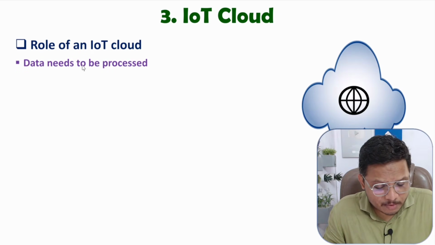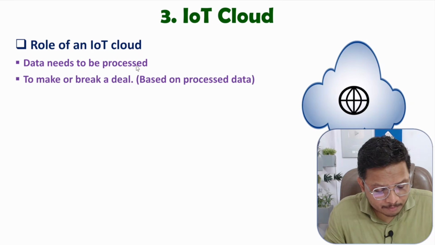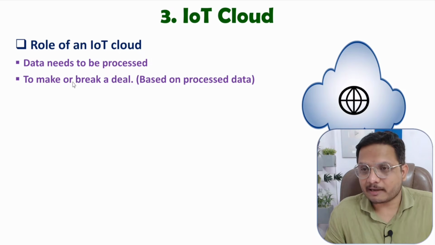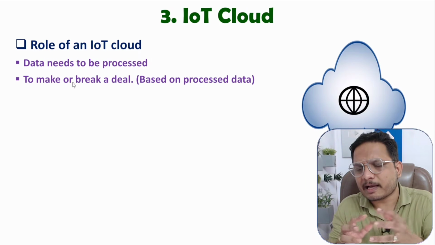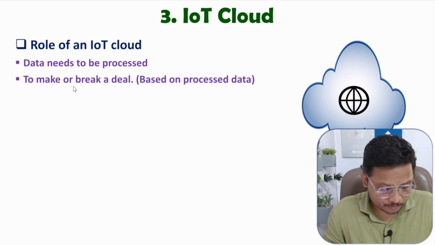Data needs to be processed, and that is what we do at the IoT cloud. Based on processed data, we provide make or break deals, and based on processed data only, those decisions are taken, right? So unnecessary decisions are filtered out over here, and that is what we perform here at the IoT cloud.